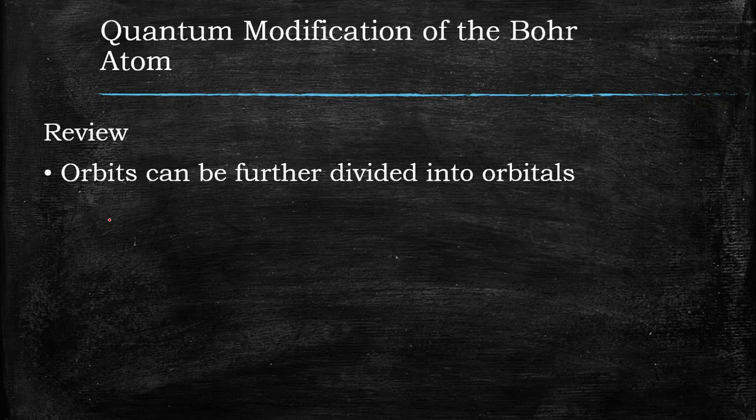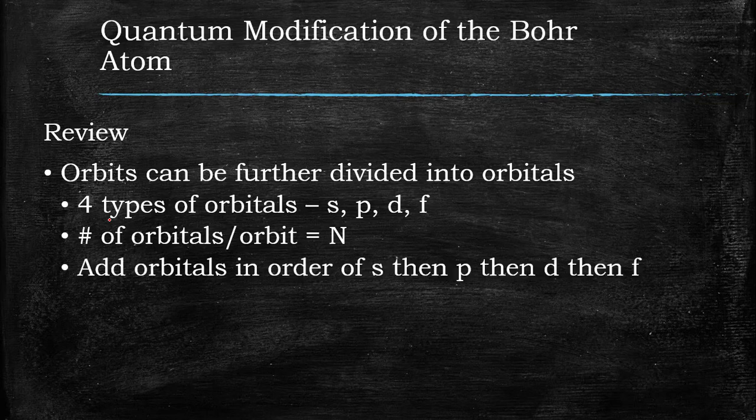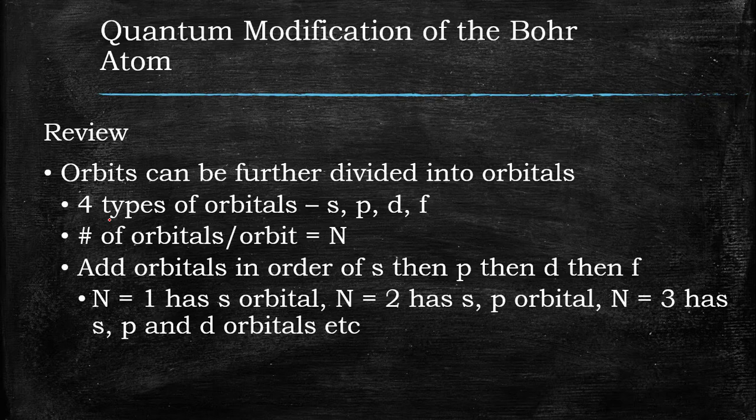Orbits can be divided into orbitals. You have S, P, D, and F. The number of orbitals in any orbit is equal to the primary energy level of that orbit. You add orbitals to an orbit in the order of S, then P, followed by D, followed by F. N equals 1 has an S, N equals 2 has an S and a P, so on and so forth.